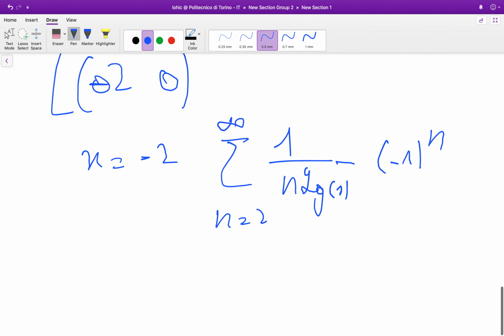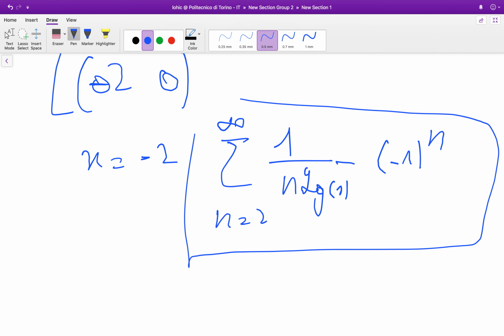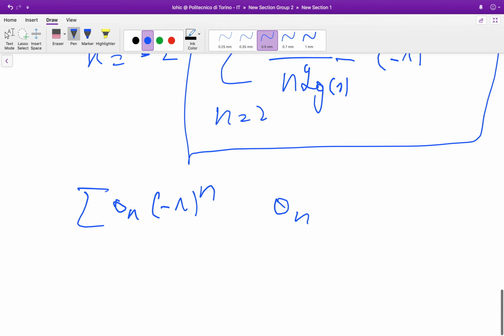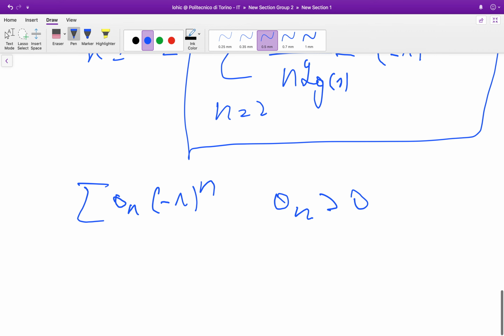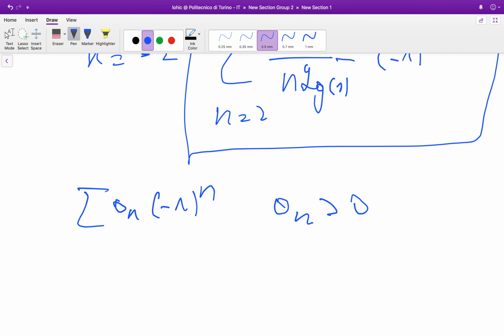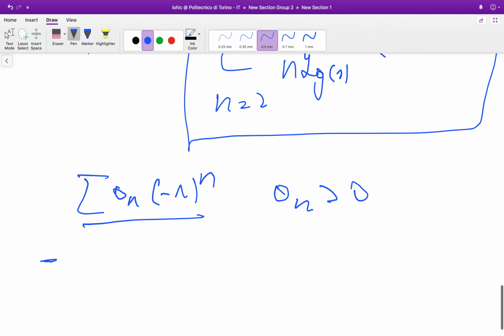This is what we call an alternating term series, which is like the sum of a_n multiplied by (-1) to the power n, with the condition that a_n is greater than 0. What we can use to prove the convergence of an alternating term series is the Leibniz criterion.